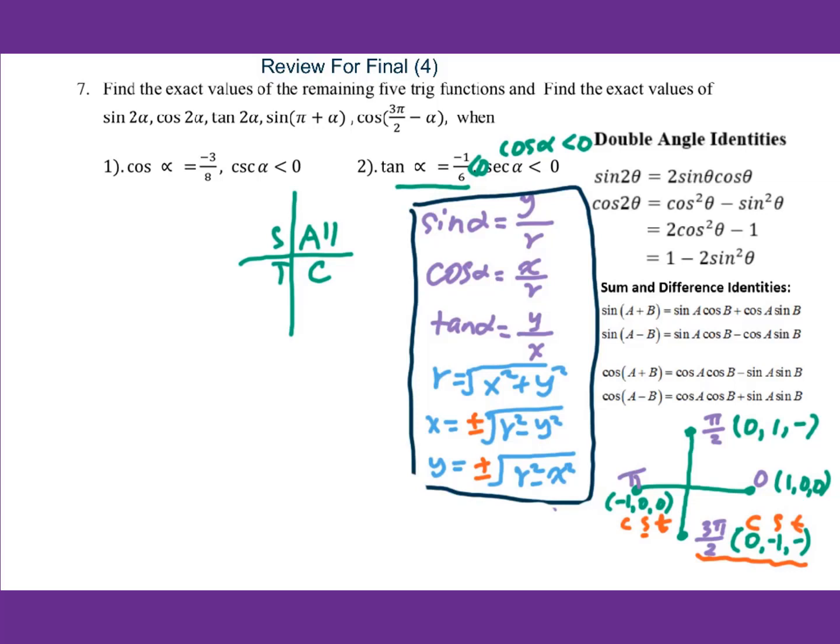Tangent less than 0 means go to the second and the fourth quadrant. For cosine less than 0 means ST. So alpha is in the second quadrant.